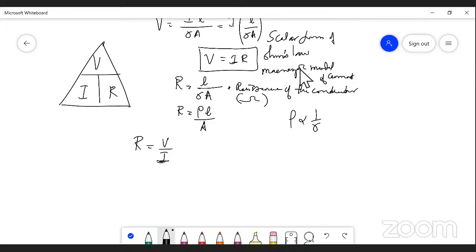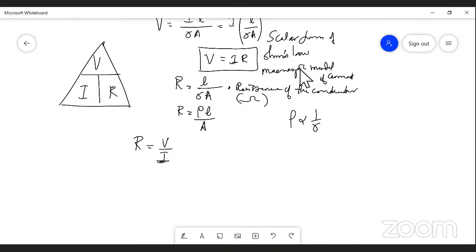Also, we have to define what this rho is, what electrical resistivity is. We shall speak about electrical resistivity after this. Before that, we have to speak about two important ideas here.